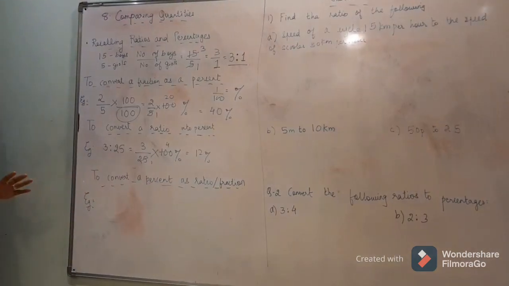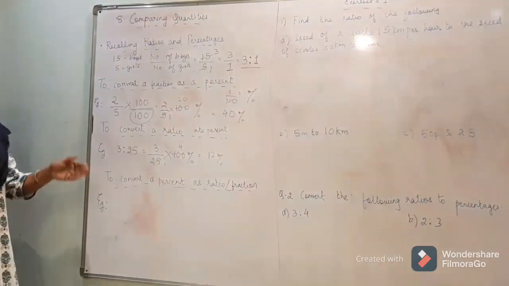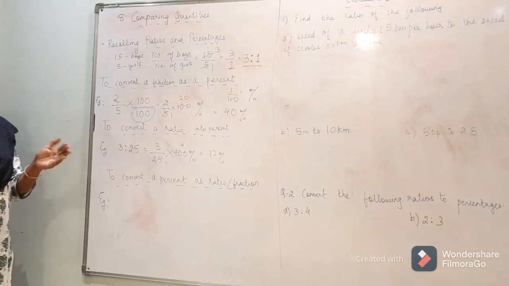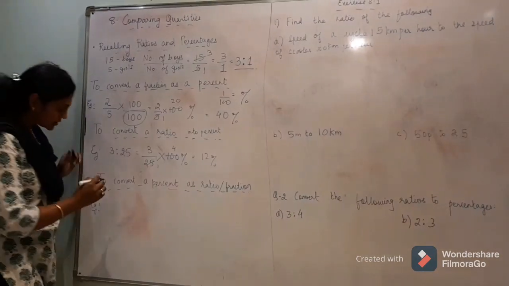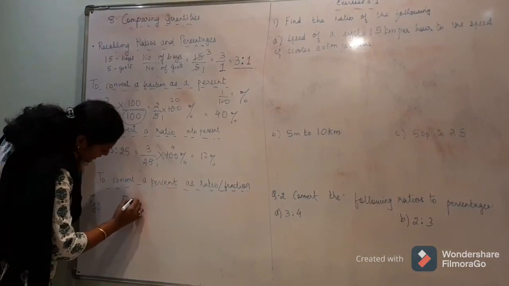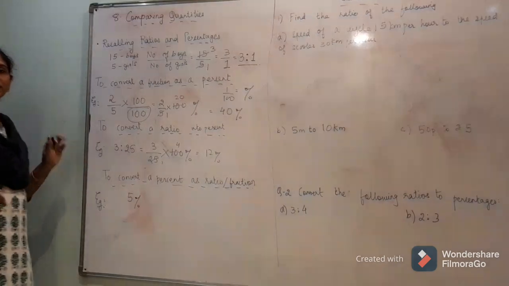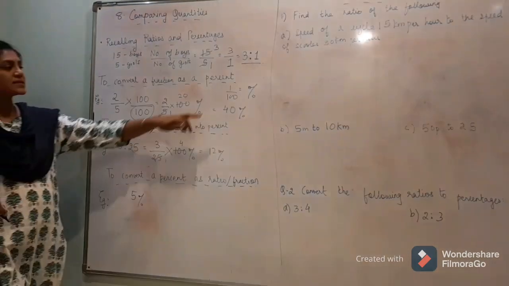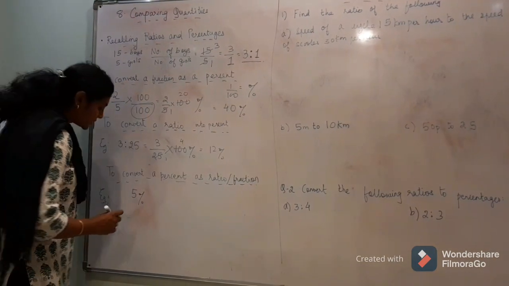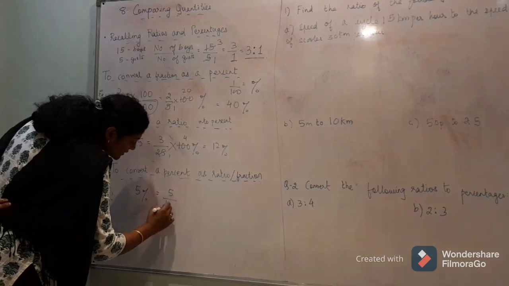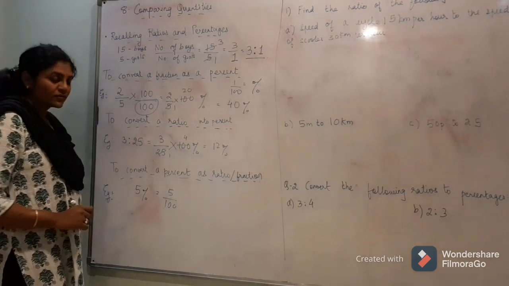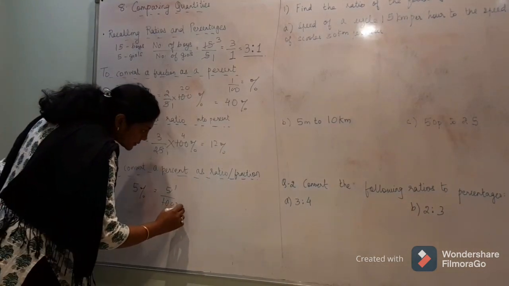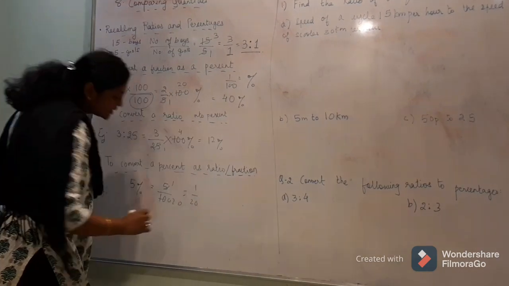Right? Now I want to convert a percent into ratio. Now if it is given 5%, percent means always divided by 100. So it is 5 by 100. I will reduce it, it becomes 1 by 20.